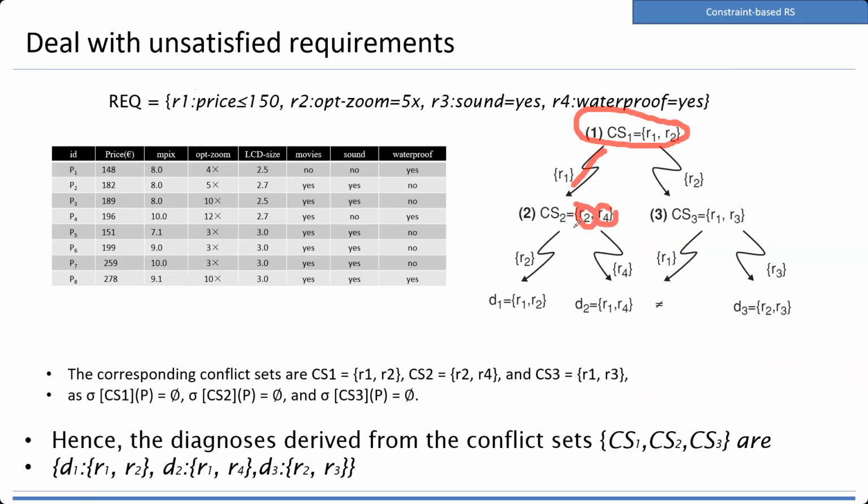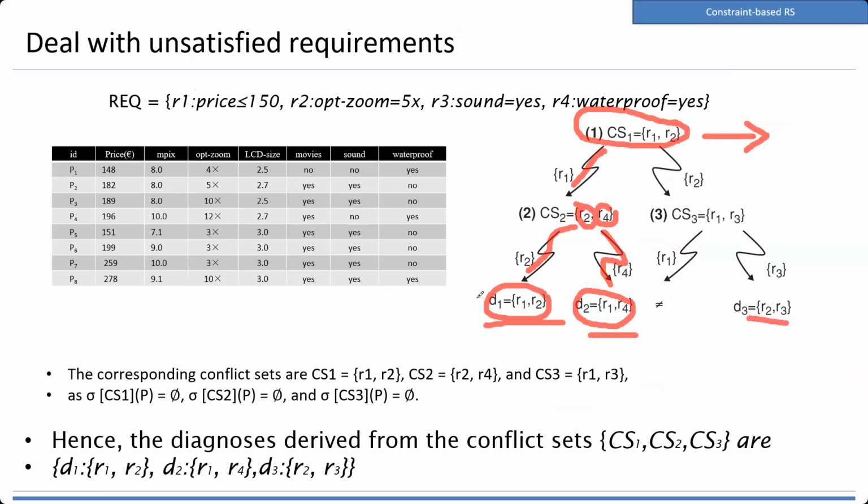And then, if we remove R2, then the diagnosis is R1 and R2. In this case, the diagnosis is R1 and R4, and so on. We will do this for every conflict set, and then we need to find the diagnosis result.